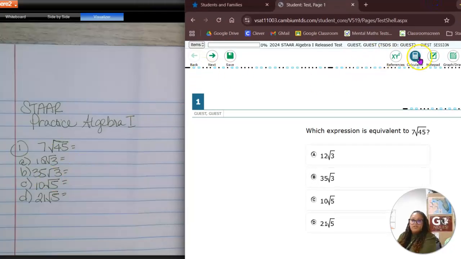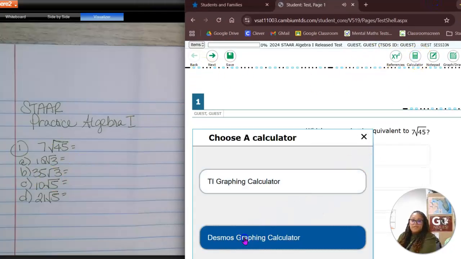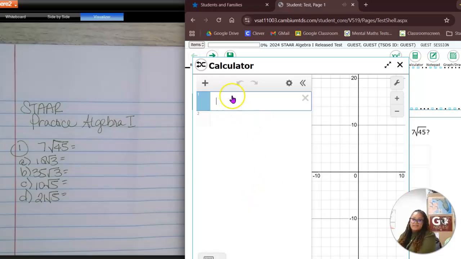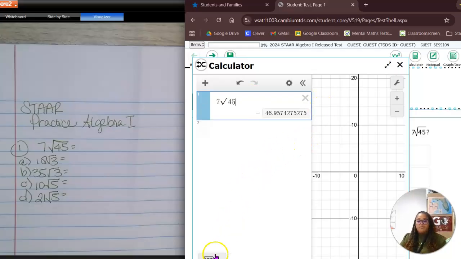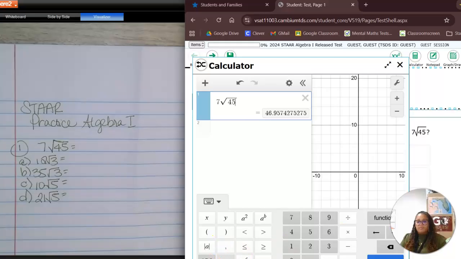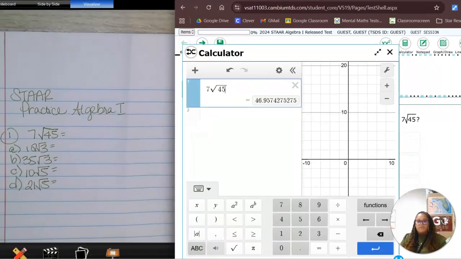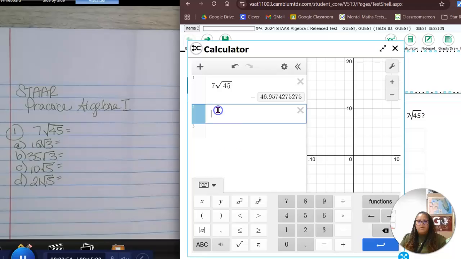Boom, right there. So then you click on the calculator here, Desmos, and then let's type them in. So we'll have 7 times the square root of 45. And if you don't know how to do that, you can click on this bad boy here. Move this down.